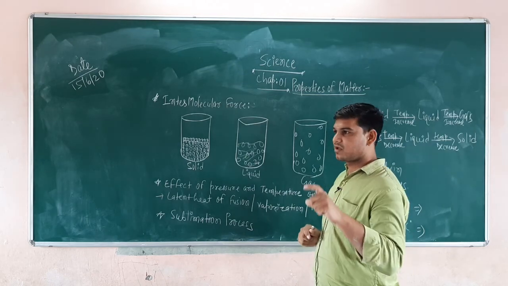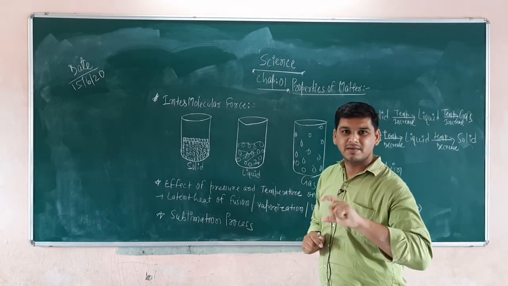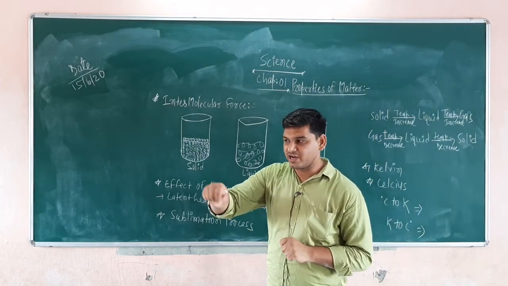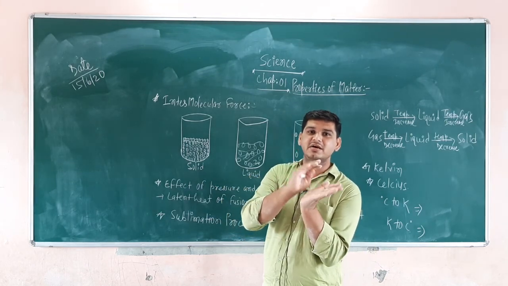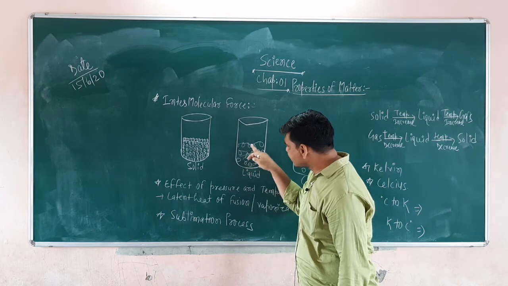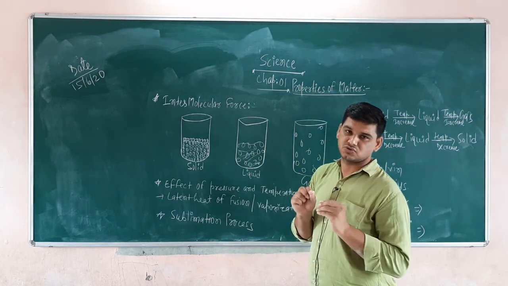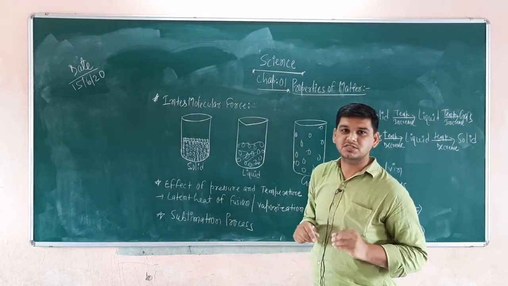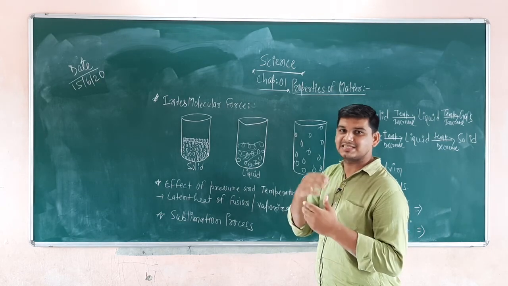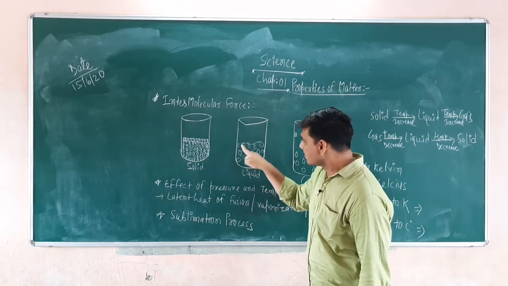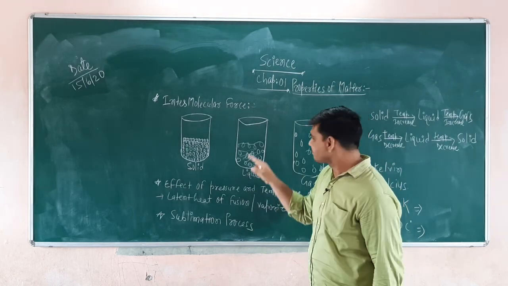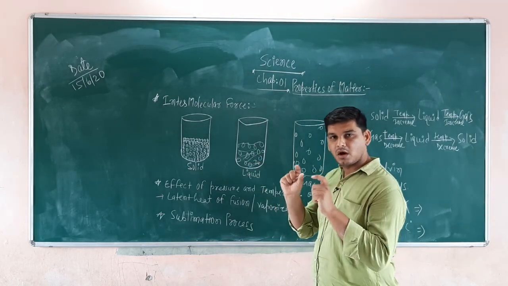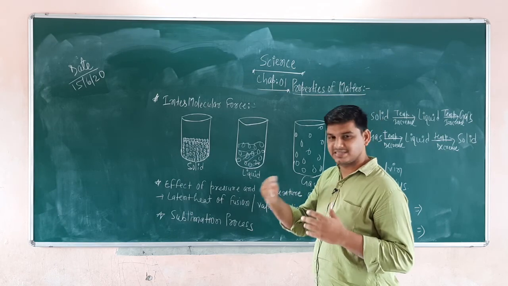For example, milk is a form of liquid. When you add some sugar particles to it, the sugar easily dissolves in the milk. Why? Because there is a small gap available in the liquid substance. So whatever substance you add, it can be easily absorbed by the liquid particles, because the particles of liquid are not strongly bonded to each other, there is a small gap between the particles, so it can easily flow.